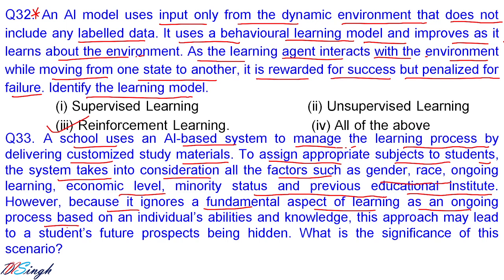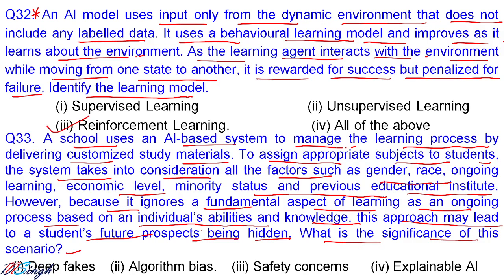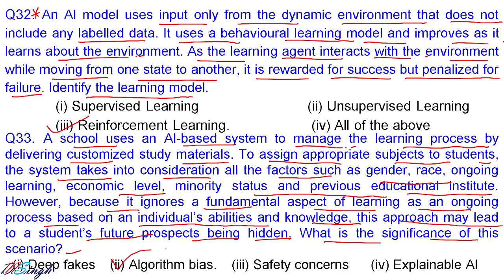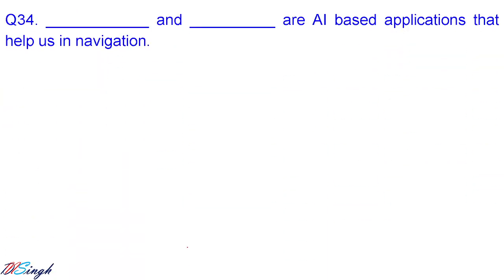It does not mean that if a student has not done very well in the past, he or she is not going to do well in future. This approach may lead to a student's future prospects being hidden. What is the significance of this scenario? This is called AI bias, or algorithm bias. Let us go for the next question.